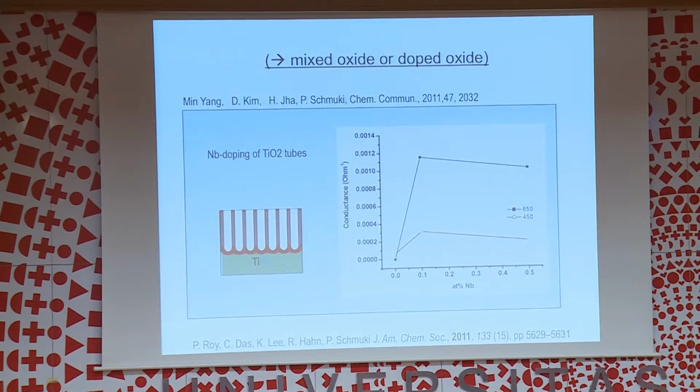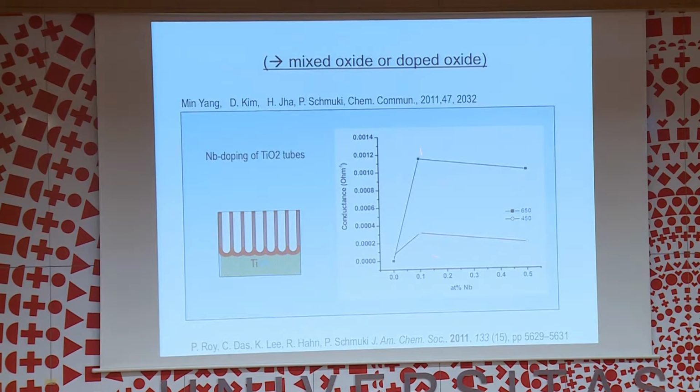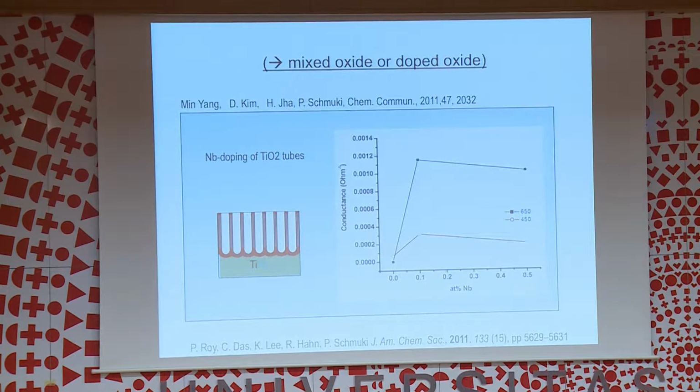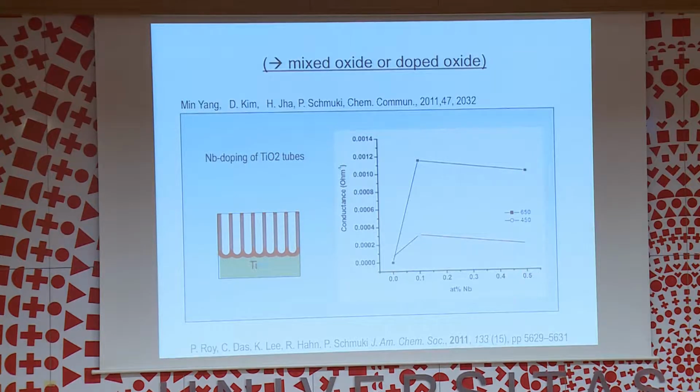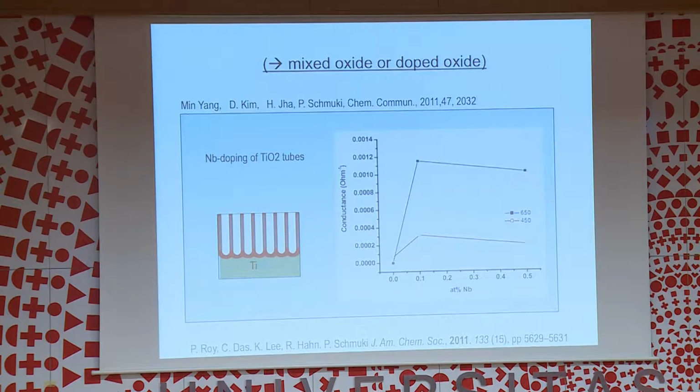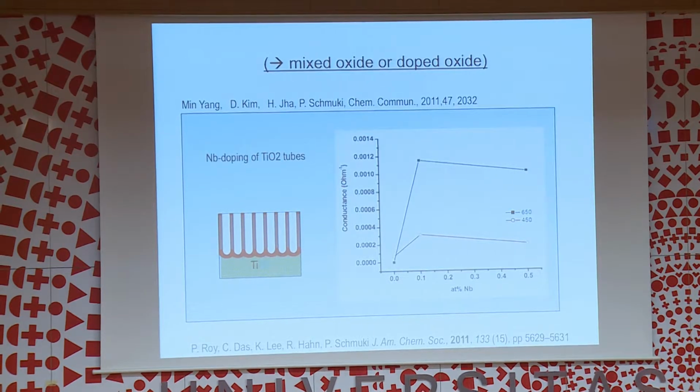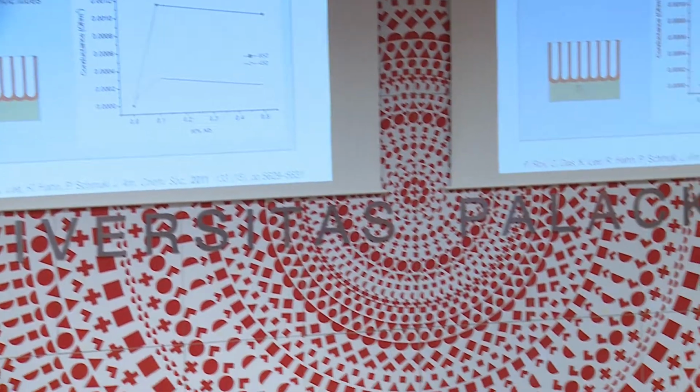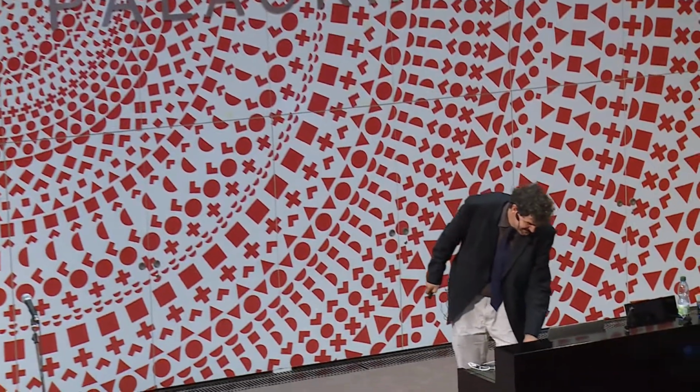You can see the result is that the conductivity in the niobium-doped material is about 10 times higher than in pure titanium dioxide tubes. And this is, of course, important for almost any photoelectrochemical application. If you have 10 times higher conductivity, in many cases you can increase efficiency quite considerably.